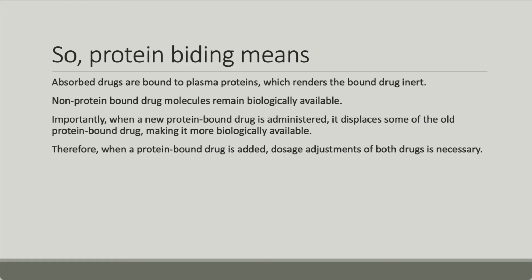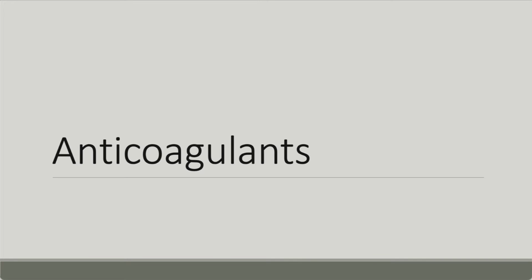When you add a new protein bound drug, it displaces some of the old protein bound drug, making more of it biologically available and throwing everything off kilter. Therefore, when we add a protein-bound drug, we have to adjust the dose of both drugs. We have to adjust the dose of both drugs.